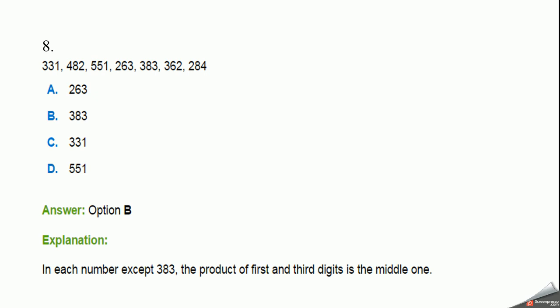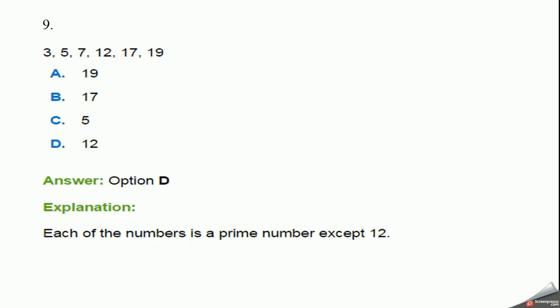In 331, 3 into 1 gives 3 in the middle. In the second number, 4 into 2 gives 8. 5 into 1 gives 5. 3 into 2 gives 6. 3 into 3 gives 9, but the middle number is 8, so the odd man out is 383.